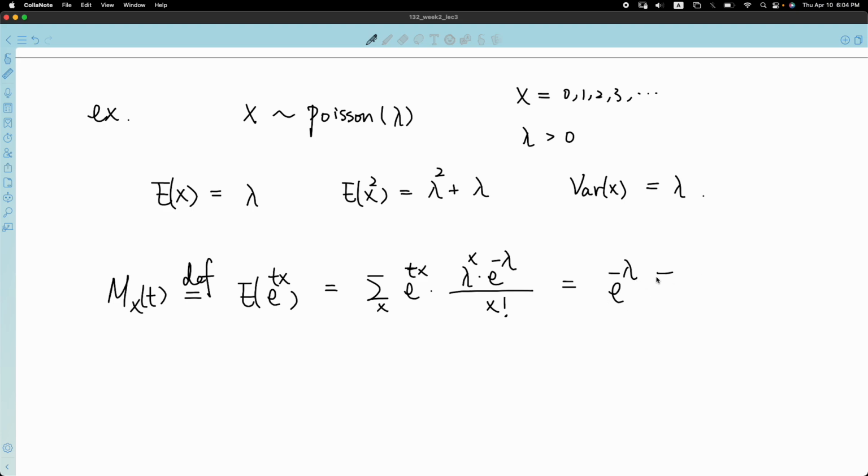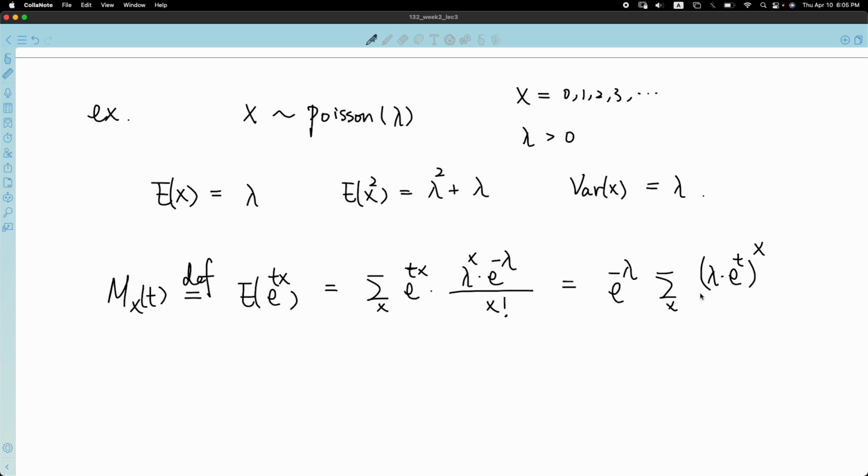Then we have the summation over all the x, and let's see how we can group these things together. We have the e^{tx} and the lambda^x, so I'm going to group them as lambda multiplied by e raised to the power of t, all together raised to the power of x.